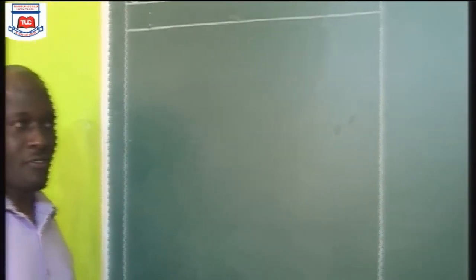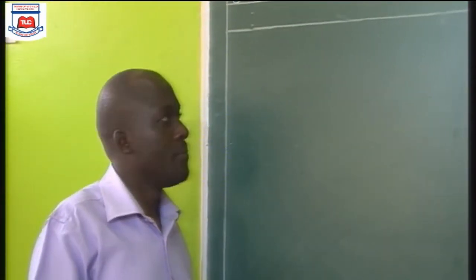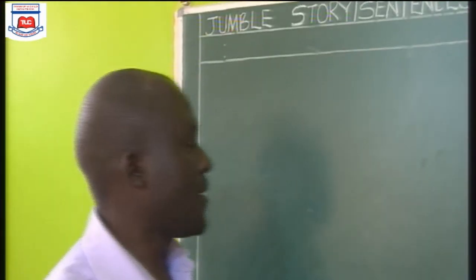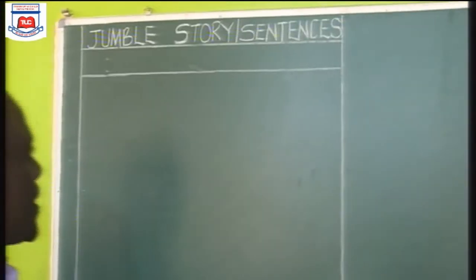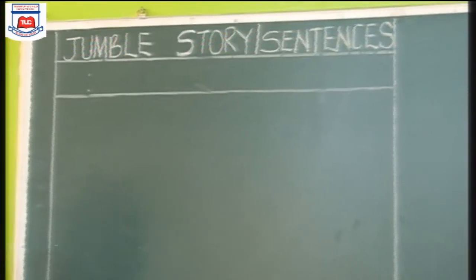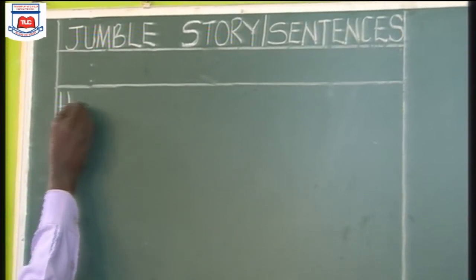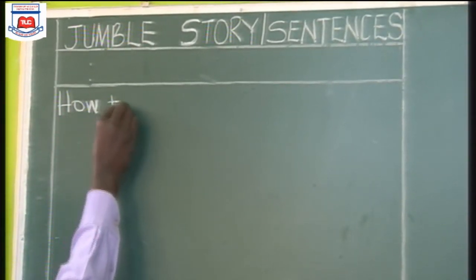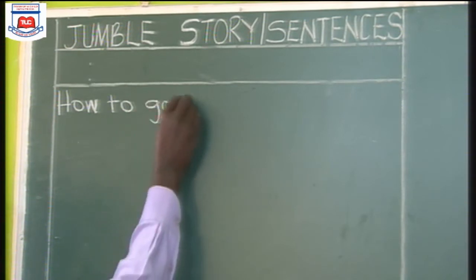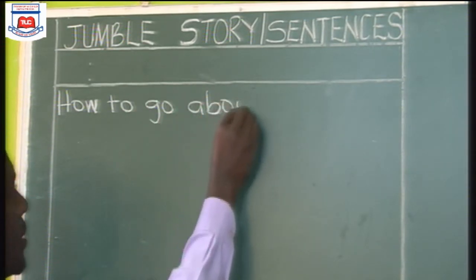But when you go to P5, they push the number to 10, P6, 10, and P7, the number is 10. So today, we want to see how we can go about jumbled sentences.